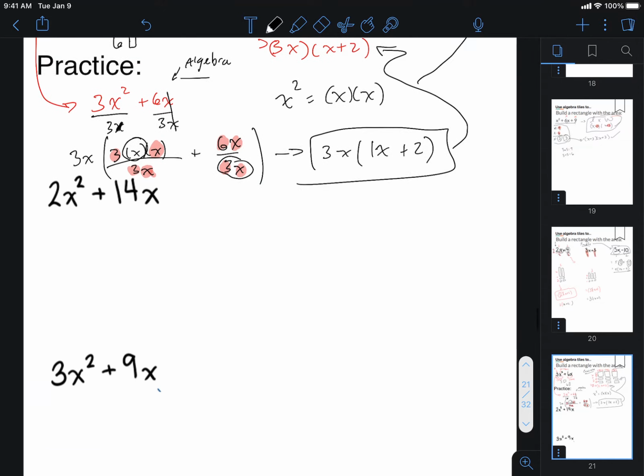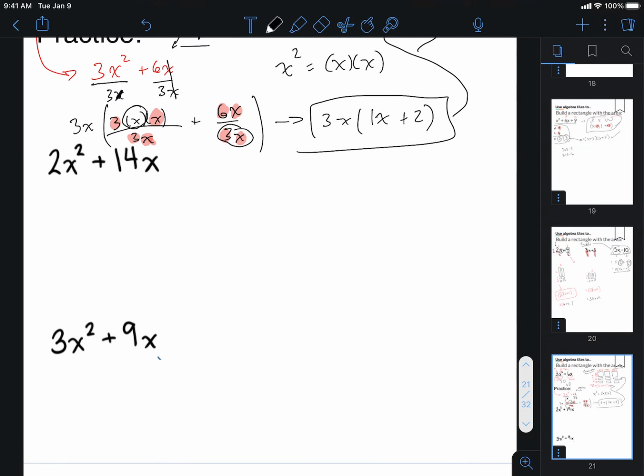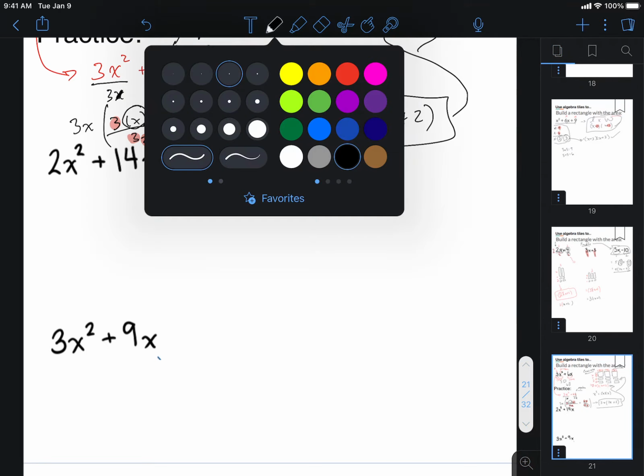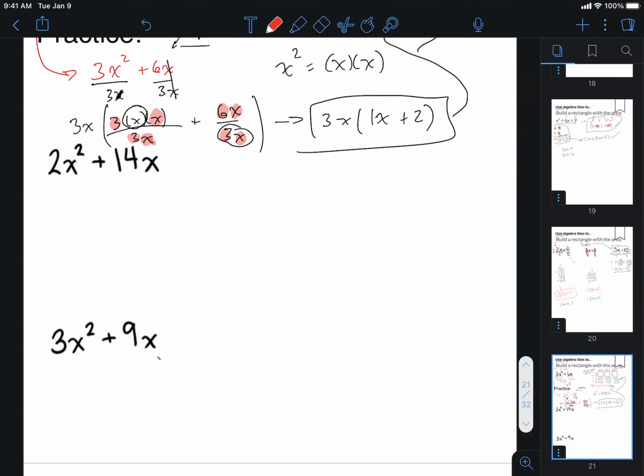So if we come down here, I'll do the next two with algebra because I think I've done enough with the building of the tiles. And I don't want to draw 14 rods. So let's just take a look here. I'm looking at both of these two pieces, or terms.